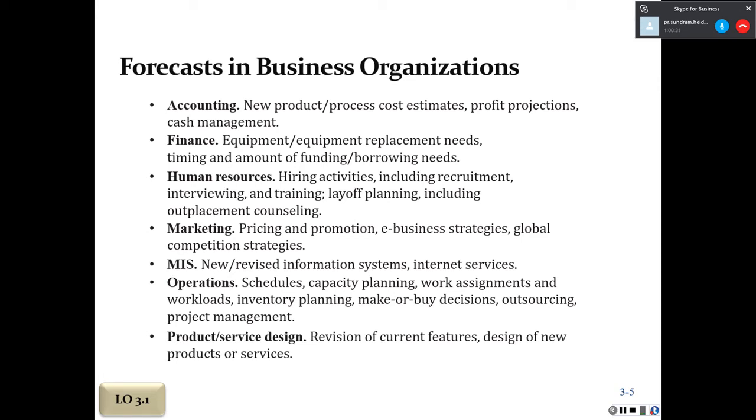If they forecast that a couple months down the line there's a shortage of things, and that the price of the materials or the equipment might increase, that may cause the business to purchase more at a particular time. If they forecast that something's not going to be available, or there's going to be an increase in demand, they want to have everything available, so they use forecasting for that.